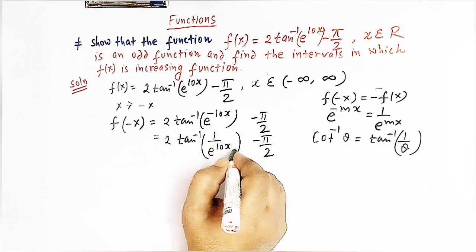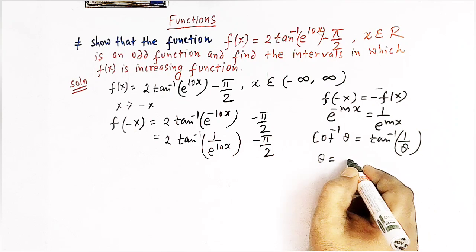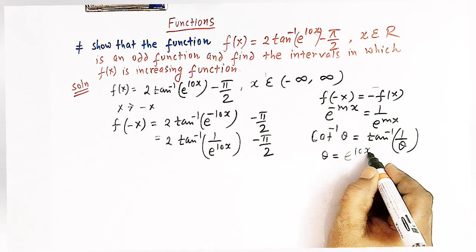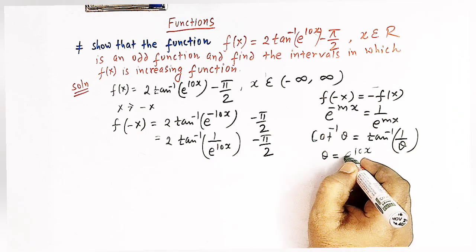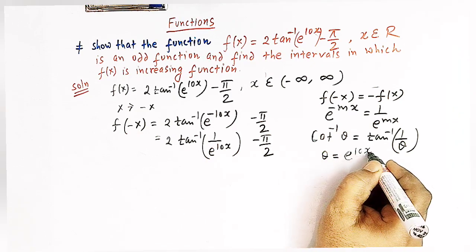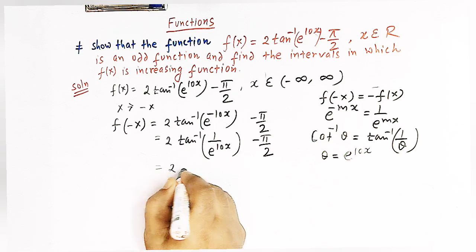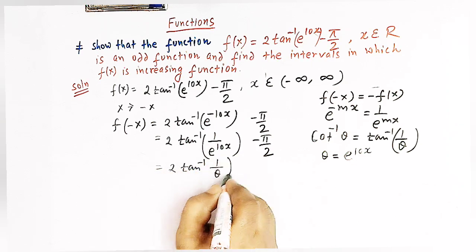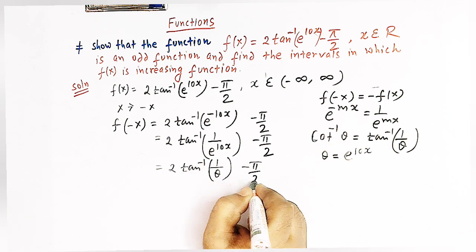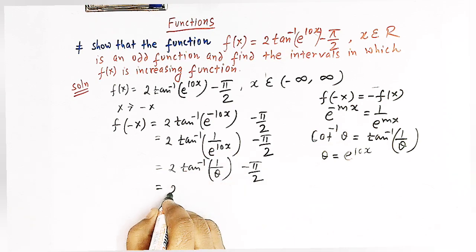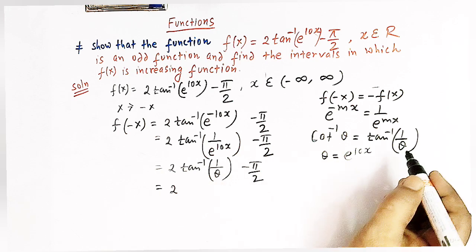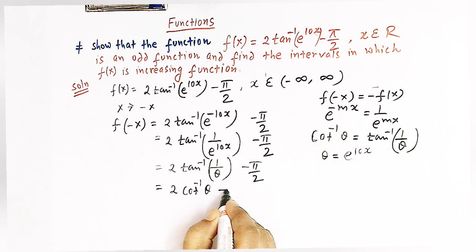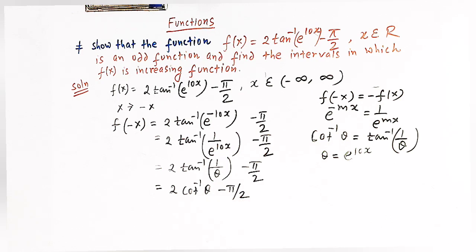So here our theta is equal to e raised to 10x, so theta can be taken as e raised to 10x. So now we have 2 times tan inverse, and we have 1 over theta minus pi by 2. So we can now write 2 times tan inverse 1 over theta as cot inverse theta minus pi by 2.